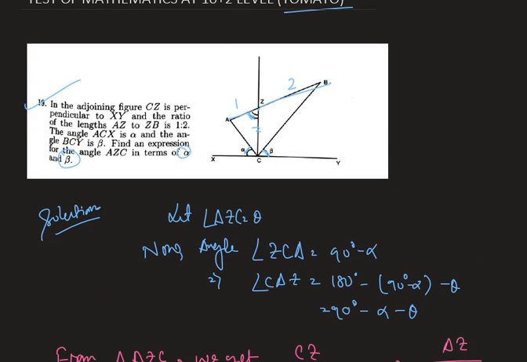As we can see, the opposite angle of AZ is the angle ACZ, or ZCA, which is 90 degrees minus alpha. Therefore we write sine 90 degrees minus alpha, and the opposite angle of the side CZ is angle A, or angle CAZ, and this is 90 degrees minus alpha minus theta.